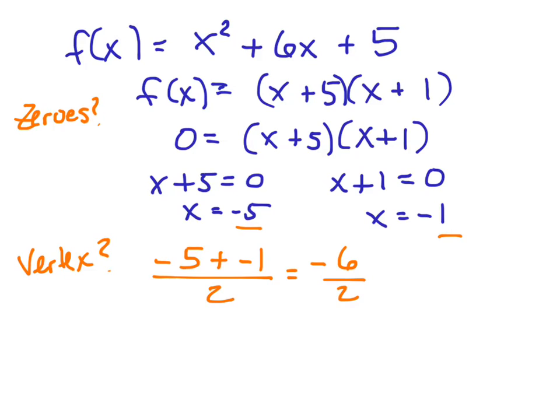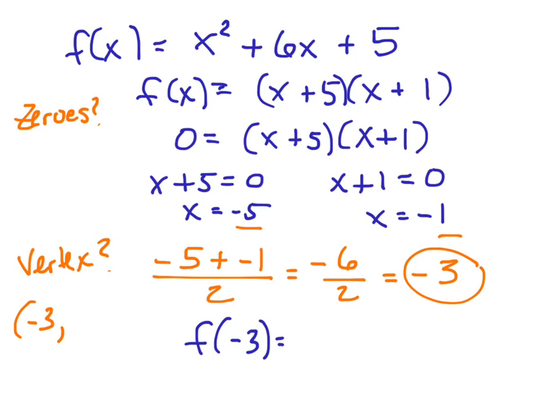So negative 6 over 2, or negative 3. We're talking about x values here, so this is the x-coordinate of the vertex. And then to find the y-coordinate, I just need to substitute this back into the equation and solve for y. So I want to find f of negative 3.